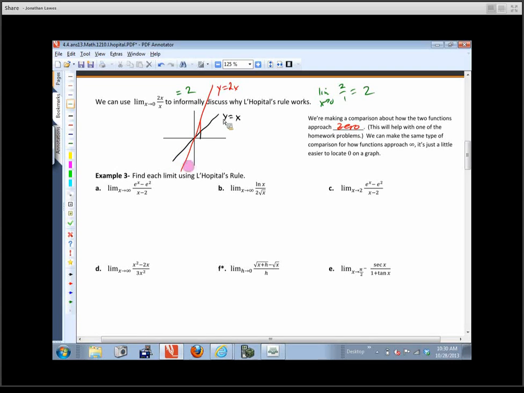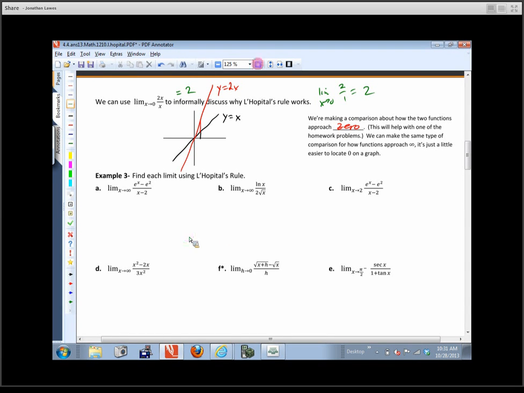They both go to 0, but they go to 0 at different rates. This one goes to 0 at a nice steady rate of 1 unit in y for every 1 unit in x. This one approaches 0 twice as fast. It's much steeper. So we're basically comparing how quickly they're approaching 0. That's the idea. We're comparing the slopes of how they do that.